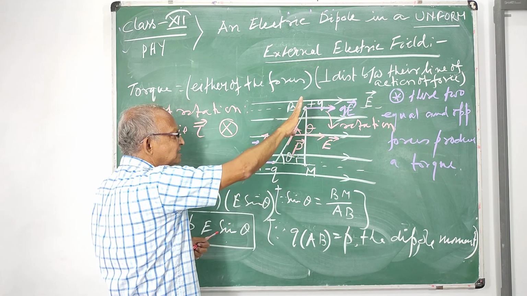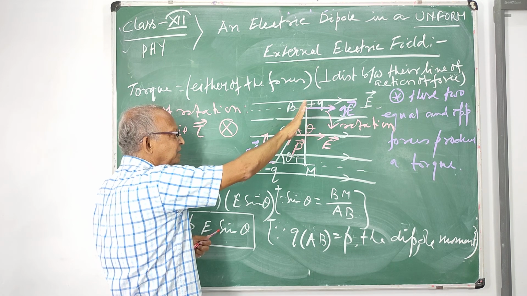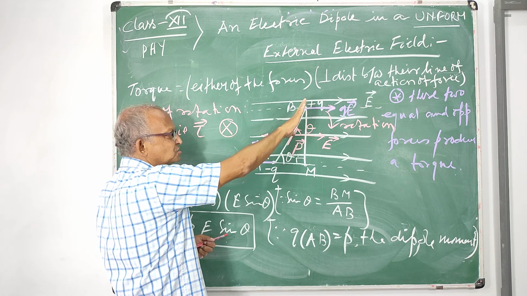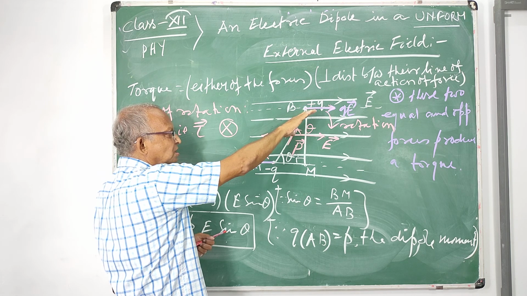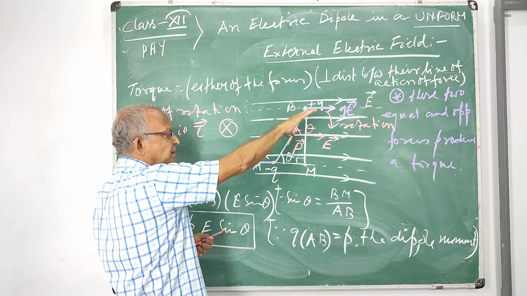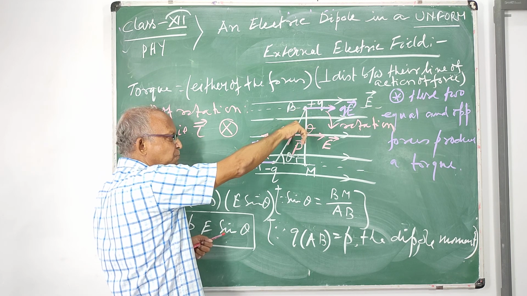If I say P cross E, my stretched palm is along P and I curl towards E through the smaller angle between them, then the thumb points inward.